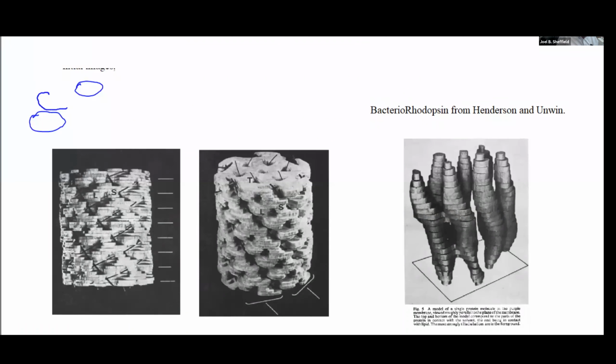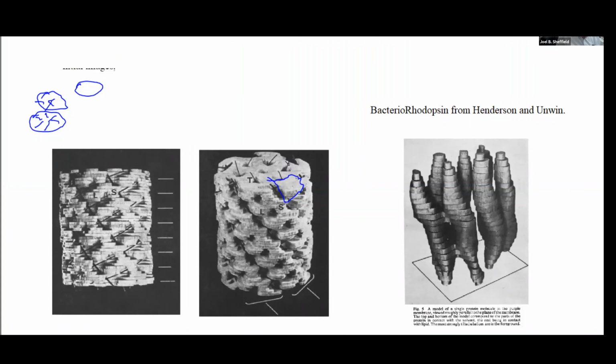Because it was not only cylindrical but highly symmetrical, you would get electrons diffracted through it, and you would end up with some kind of electron diffraction pattern. Then you could extract that information into what eventually became this three-dimensional model, which is still pretty coarse. I mean, there's no detail in the proteins themselves here, you see.